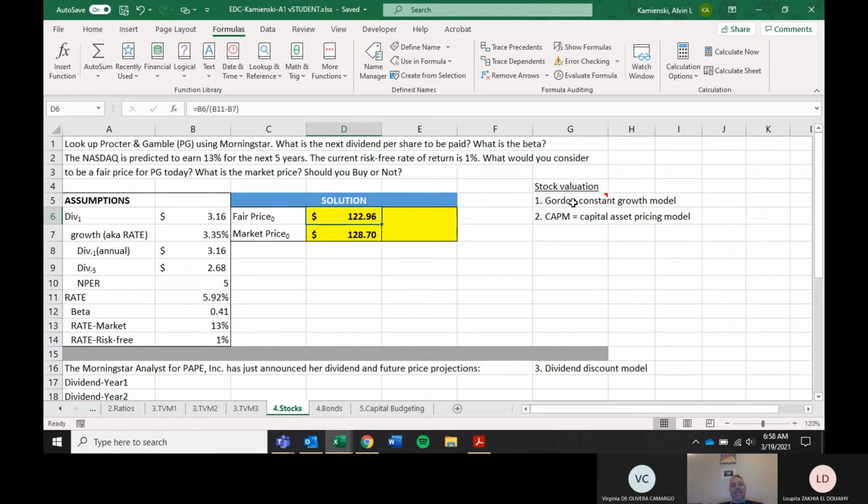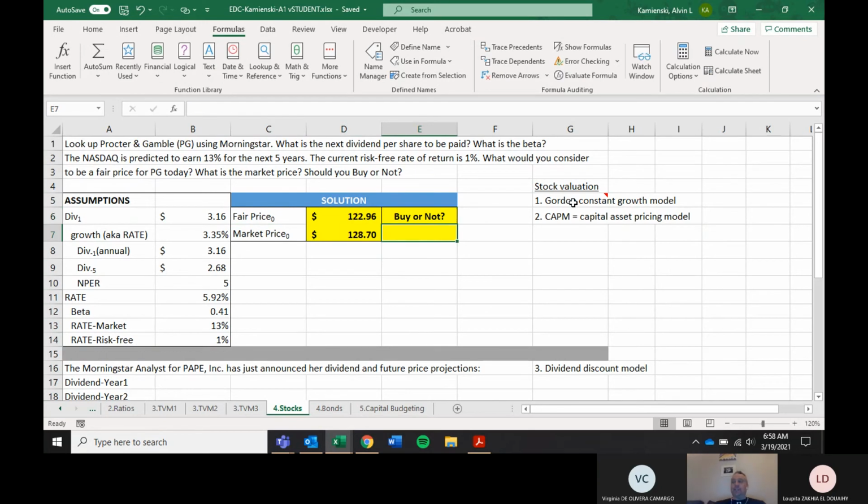And we think that as of right now, the fair price that you should pay for this stock is $122.96, where the market is asking $128.70. So the question we can ask is, should you buy this stock or not?